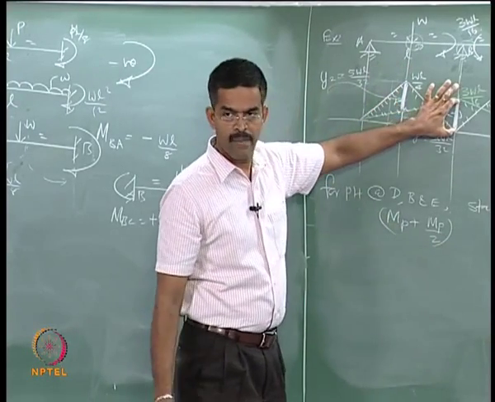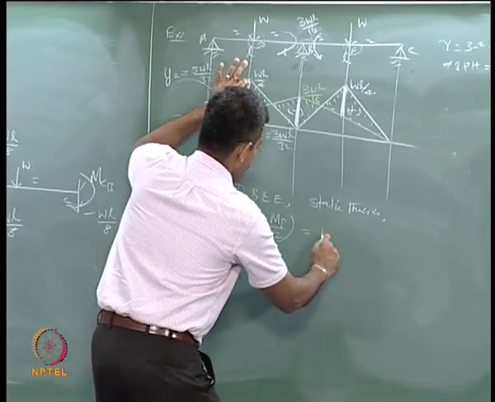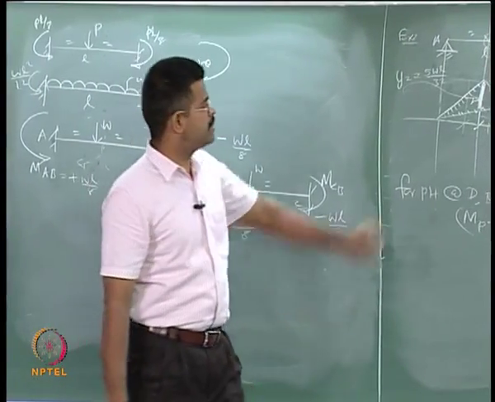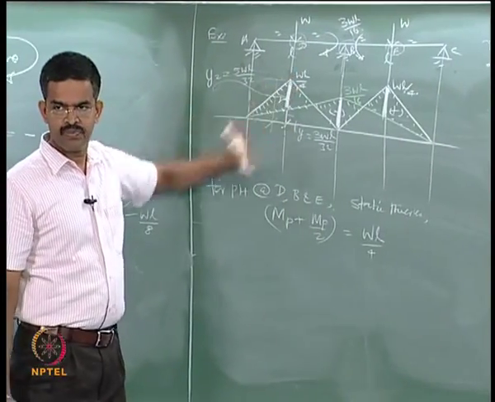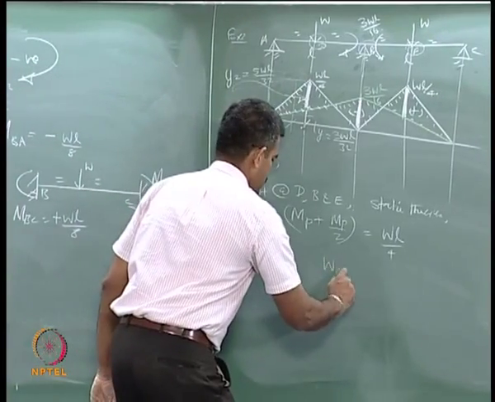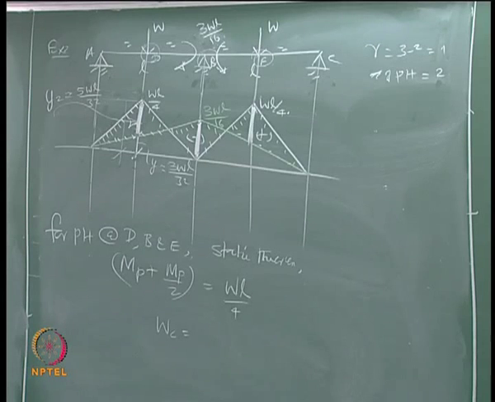This is MP. MP by 2 plus MP is equal to WL by 4, can I say that? Because this is WL by 4, is it not? So can you tell me what WC is? Good.